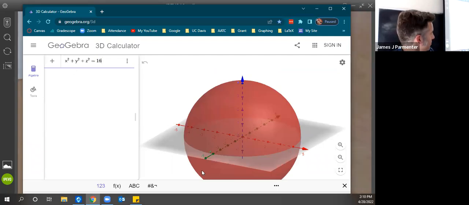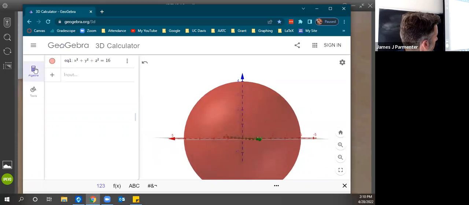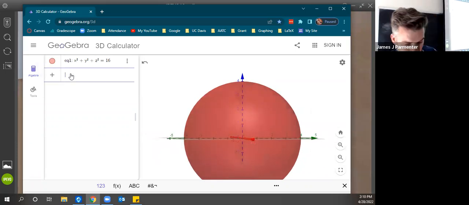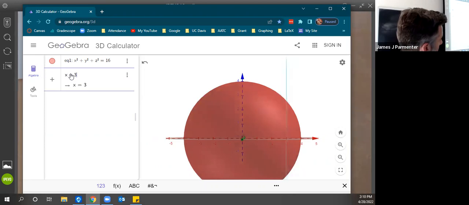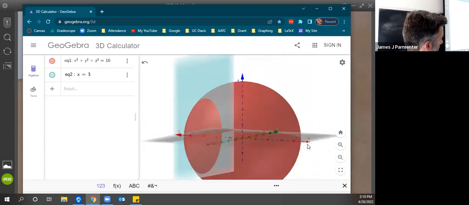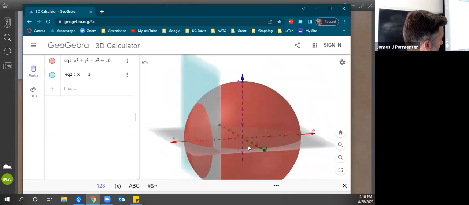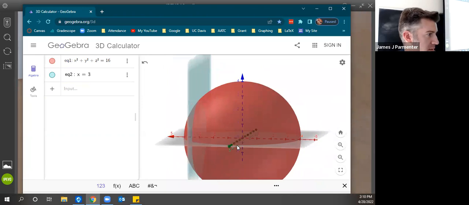Cool, there's our sphere. You can totally move it around, do all sorts of neat stuff with it. And then you can also graph the plane x equal to 3. And now you can see where that's slicing it. So there's the little front half that I was talking about and also the total back part.